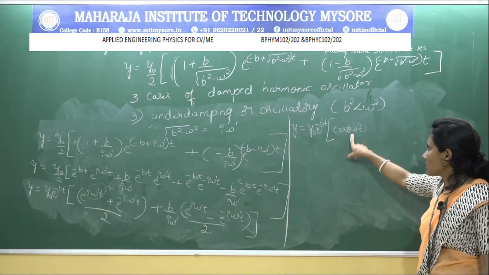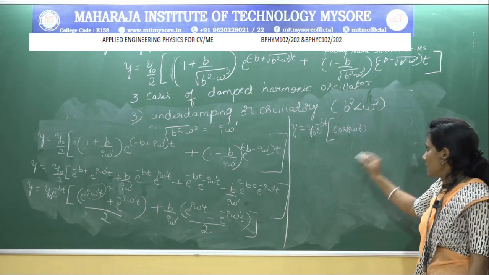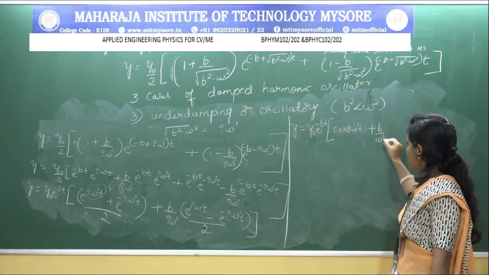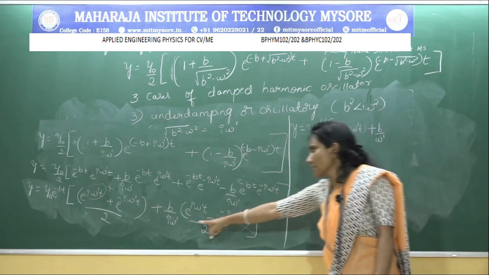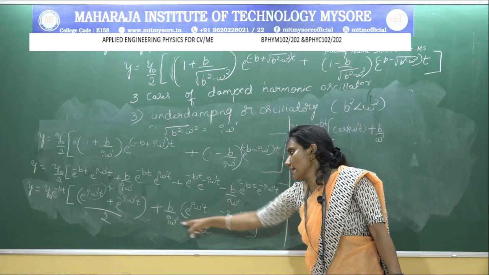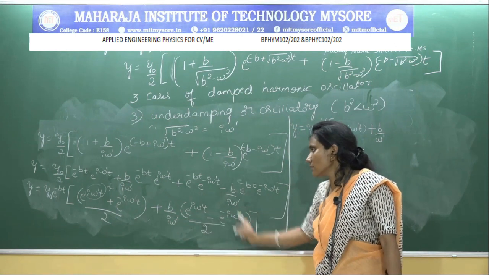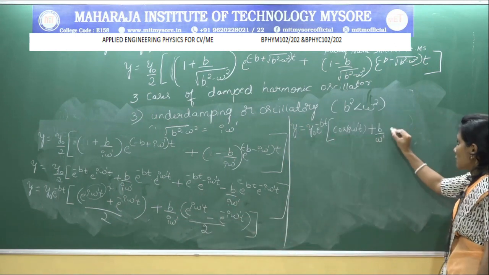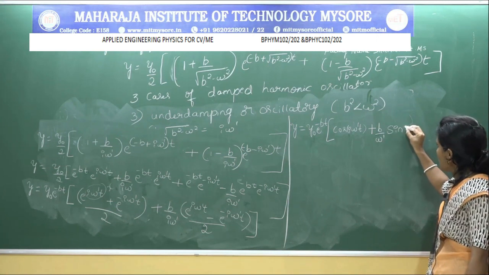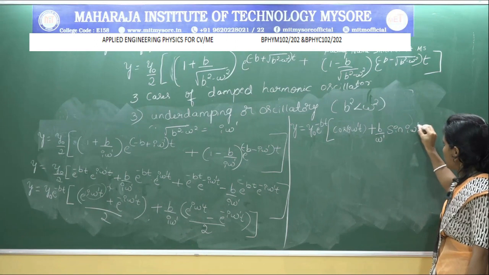So in place of x, i omega prime t is there. And next here, b by omega prime, take it outside as common, then the remaining we can take the i inside, so this will become in terms of the sine formula, that is sine of omega prime t.